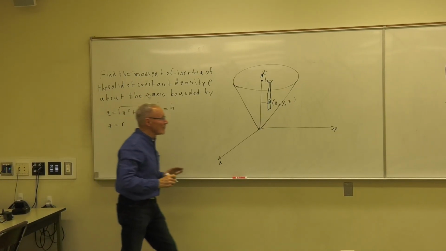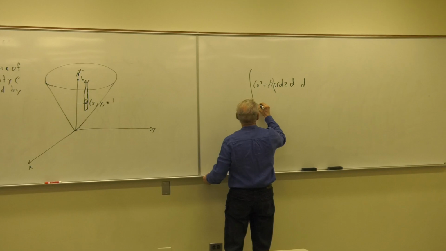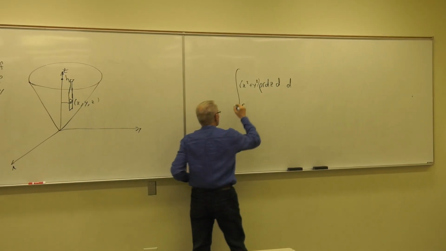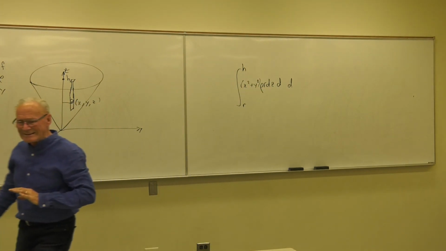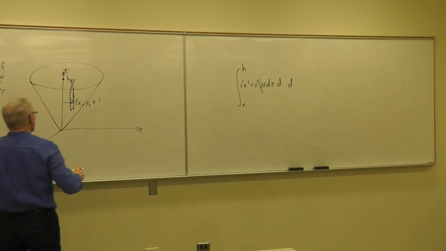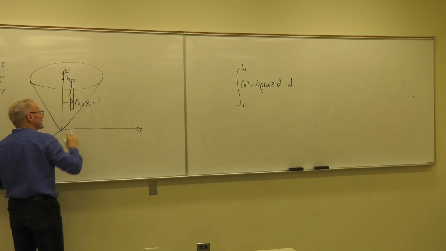That's nice. So z is equal to r. They all start on r, and where do they all stop? They stop on this plane where z is equal to h. So there is, what's that? On the board now is the moment of inertia of any such column around the z-axis.